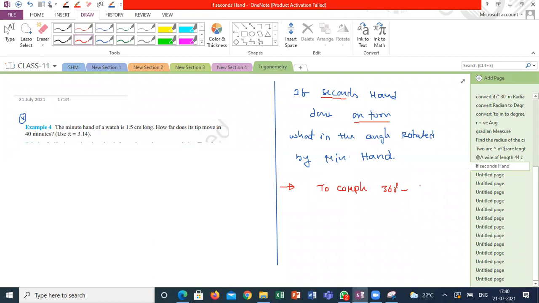How many minutes are required for the minutes hand? 60 minutes, that is one turn, correct? So here only 1 minute is done. 60 minutes will turn 360 degrees. So 1 minute is how much? 1 degree is the answer.